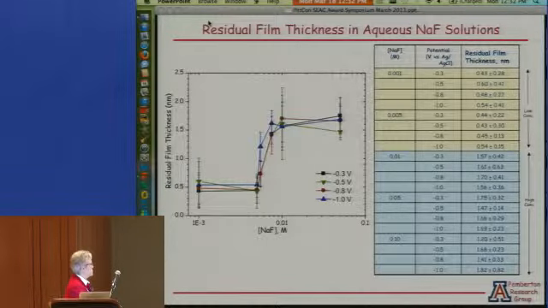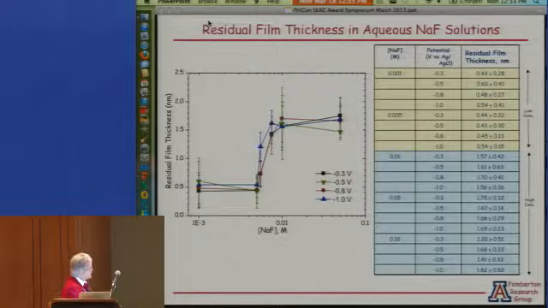We now call them residual films. These are what you see for residual film thickness as a function of concentration. Let me make a couple of points. First of all, we're talking about film thicknesses that are unbelievably thin, nanometers or less. That's why the error bars are apparently so large, but each of these points is on the basis of literally 20 or 30 different surfaces, different measurements, so they're real.